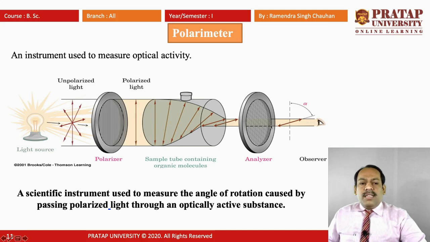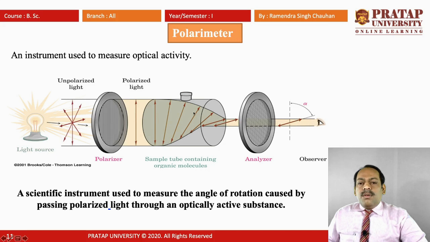For determining the optical activity, first we set the crossed condition, that is, we fill the polarimeter tube with an optically inactive substance, and then we set the analyzer at a cross position with the polarizer, so that no light is seen.